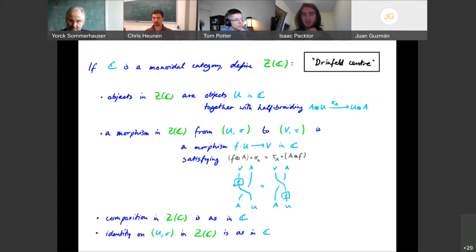If I may jump in, if you try to draw an analogy between the Drinfeld center of a category and the center of a ring: in the center of a ring, it's just a subset of elements that commute with everything. But here, we not only look at whether they commute, we need to know how they commute.